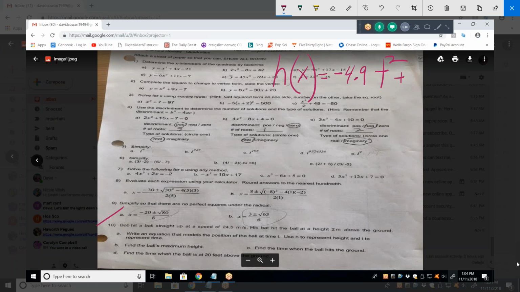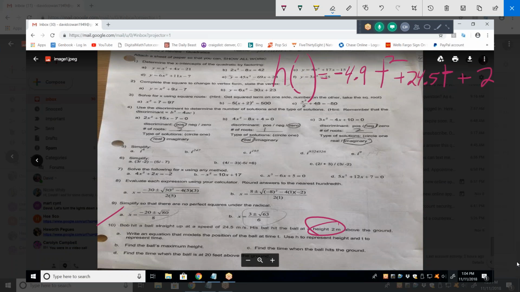What's the initial velocity? Times t, which is the time that has elapsed, and the height is the last number, 2 meters above the ground, so plus 2. So there is our function, and I made one mistake here.